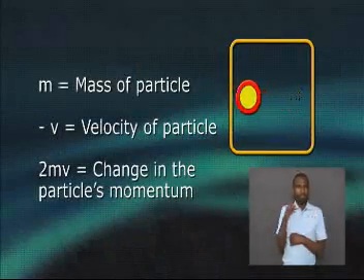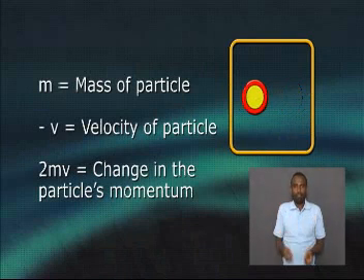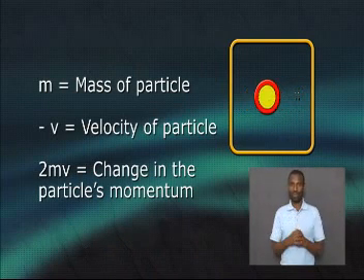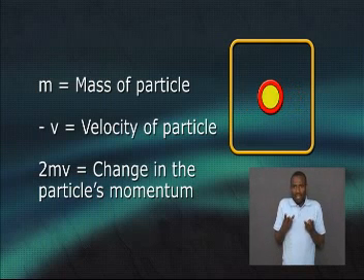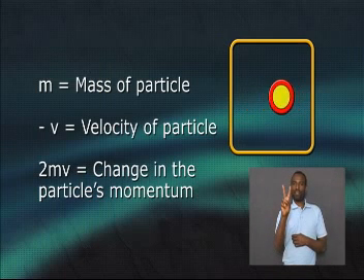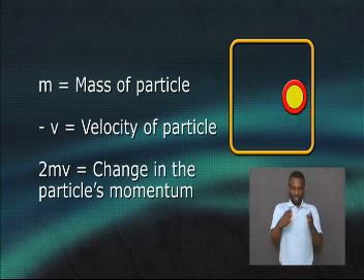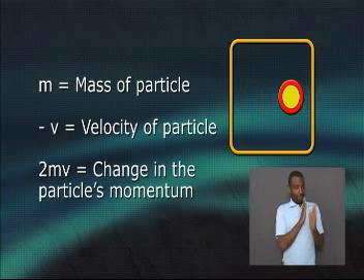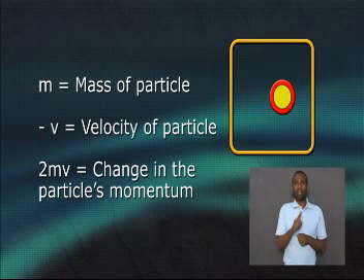Consider a single particle of mass in a box-shaped system as you see pictured here. The particle of mass, m, is traveling at velocity v towards the side of the box. The particle will collide with the shaded wall and rebound with a velocity of minus v.